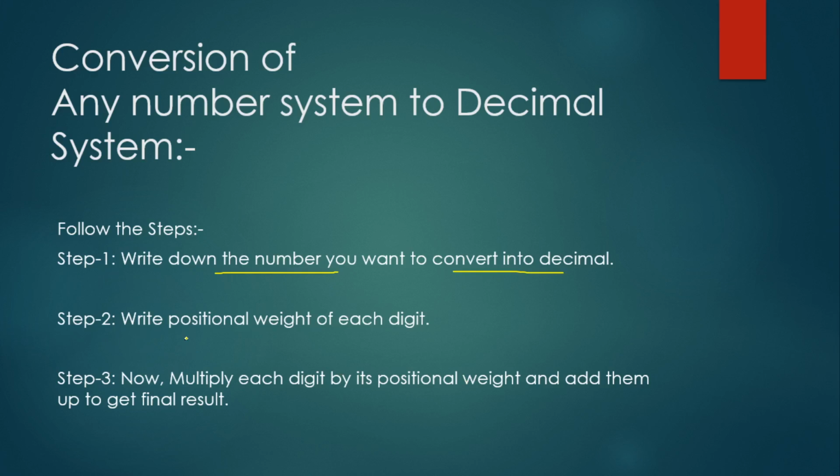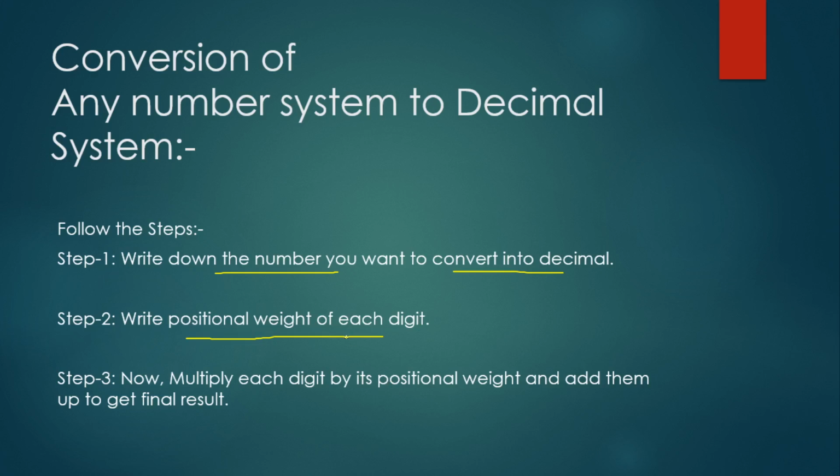Step 2 is write the positional weight of each digit. After writing the number, you have to find or write the positional weight of each digit. I will tell you later what the positional weight is. Step 3 is multiply each digit by its positional weight.